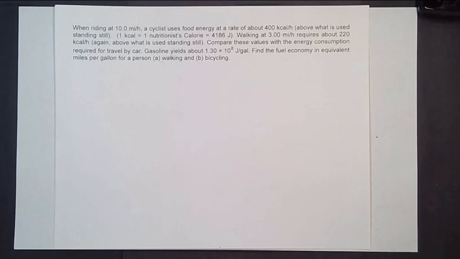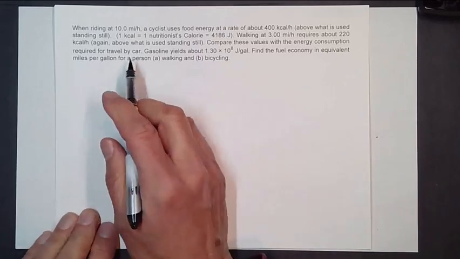In this case, you're transforming energy from one type to another. Food energy into energy of motion, work that you're doing against air resistance and all sorts of things. But you're transforming energy from food energy into some other form. The rate at which you are doing that is another form of power.